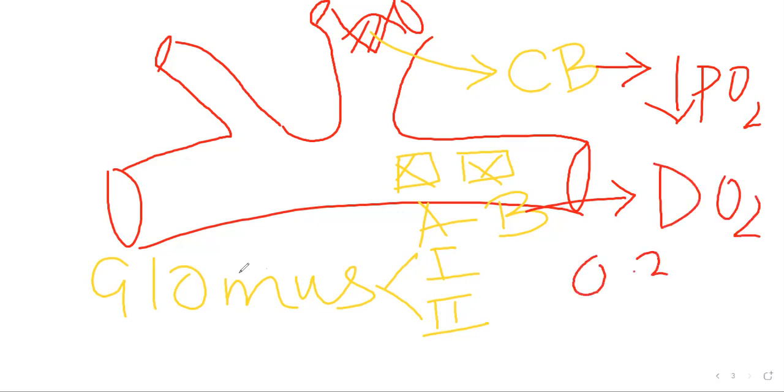It is 0.3 ml per dL. So if it reduces by a tiny amount, slightly less than 0.3, suppose 0.27 or 0.22, then also the aortic body can be stimulated. Whereas if the partial pressure of oxygen falls below 70 millimeters of mercury, then the carotid body can sense it and start its action.